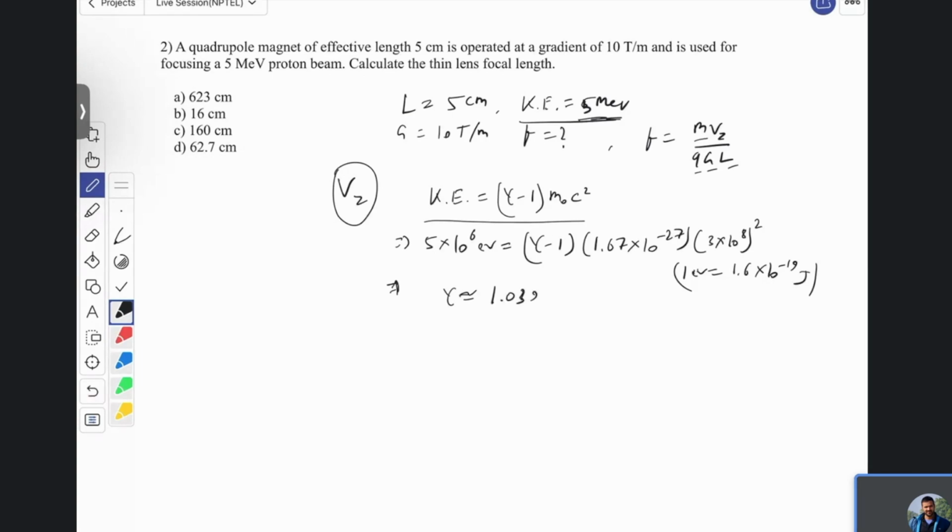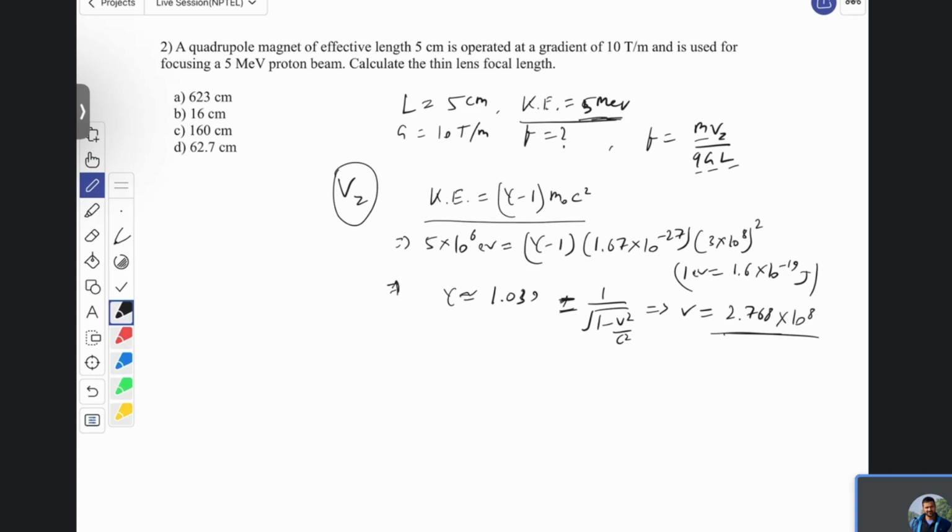And we know that gamma is 1 over the square root of 1 minus v squared by c squared, so using this you can get v as 2.768 into 10 to the power 8. So it is very close to the speed of light. That's why I called it relativistic speed.